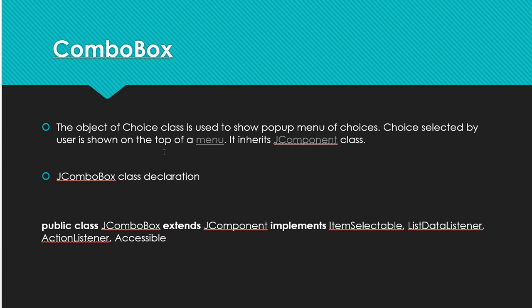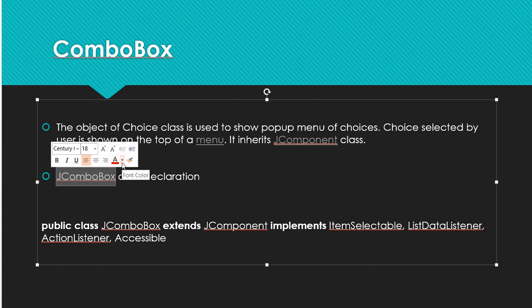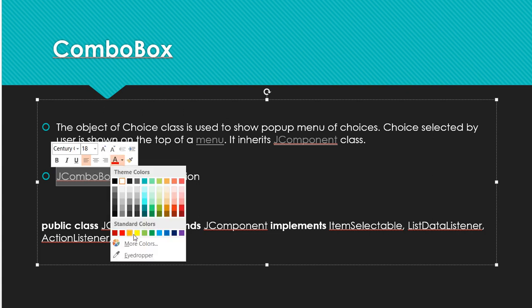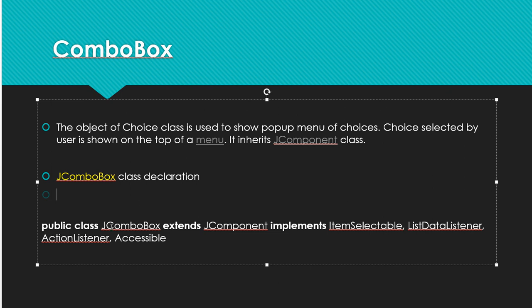Now you can see how to declare JComboBox, that is the class declaration of JComboBox. The syntax for this is: public class JComboBox, which means JComboBox is public.